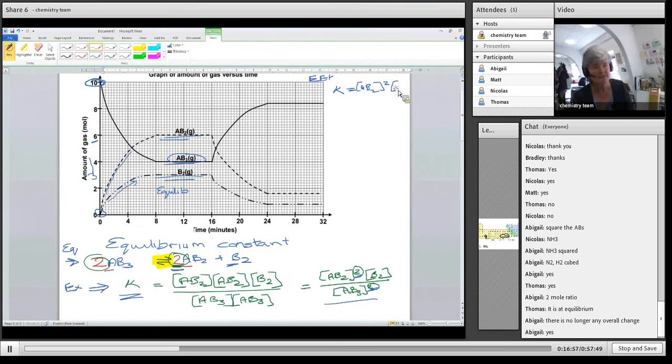And even if, say, in part A they asked you to write the expression, and then in part B or part C they ask you to do the calculation, write the expression again, because I was actually marking somebody's this morning and they had done the correct expression in one part of the question, but when they had to do the calculation they forgot to do the squaring, or they forgot to put in both products, so only put in one reactant.